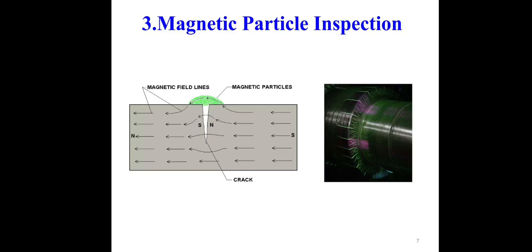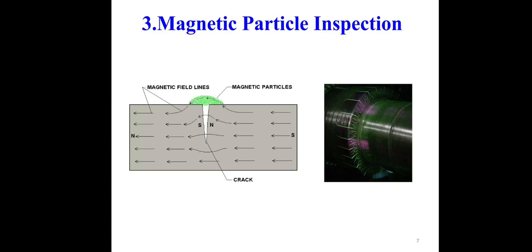Now we are seeing magnetic particle inspection. Magnetic particle testing is used for testing of materials which can be easily magnetized. This method is capable of detecting surface and subsurface flaws such as cracks and inclusions. This method can be used for testing of ferromagnetic materials such as iron, steel, nickel and cobalt alloy.